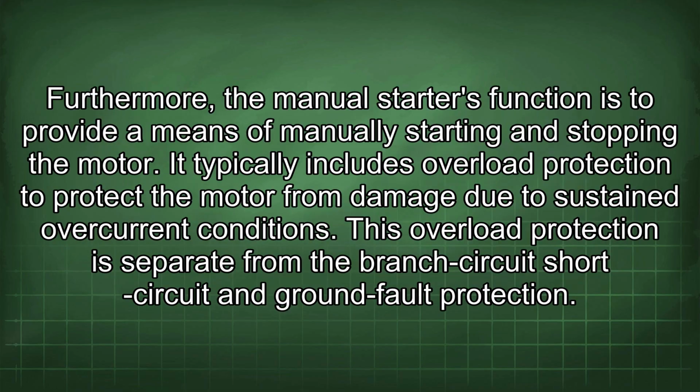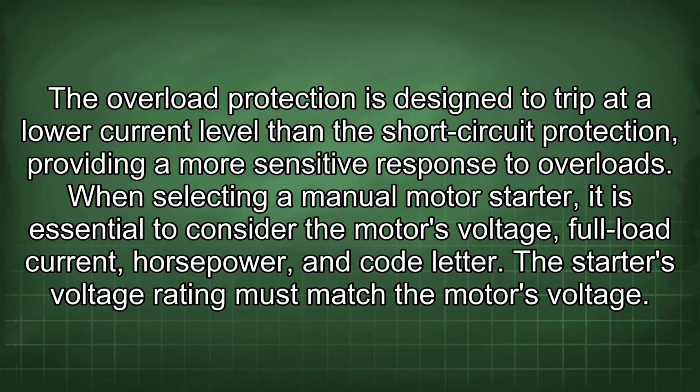Furthermore, the manual starter's function is to provide a means of manually starting and stopping the motor. It typically includes overload protection to protect the motor from damage due to sustained overcurrent conditions. This overload protection is separate from the branch circuit short circuit and ground fault protection.